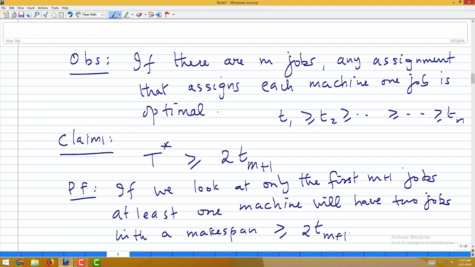Any optimum assignment, at least one machine will have 2 jobs, and if you add the costs, because T m plus 1 is the least, their cost would be at least 2 times T m plus 1.